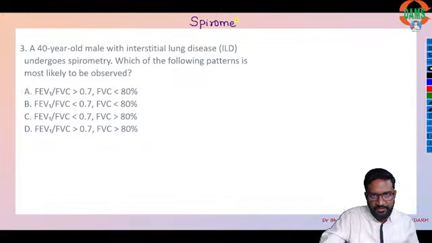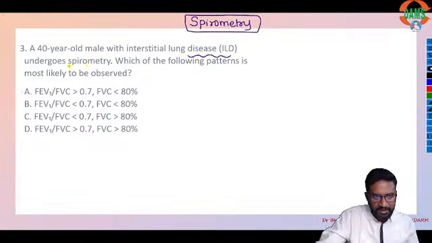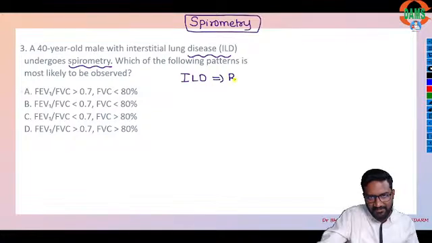They can ask you questions like this. There was a patient with ILD and he underwent spirometry. Which of the following pattern? You know that ILD by definition, it is restrictive pattern. Now when do you call it as restrictive?